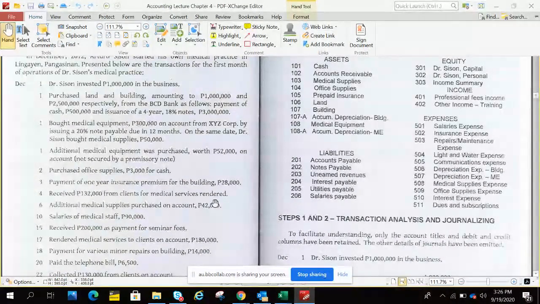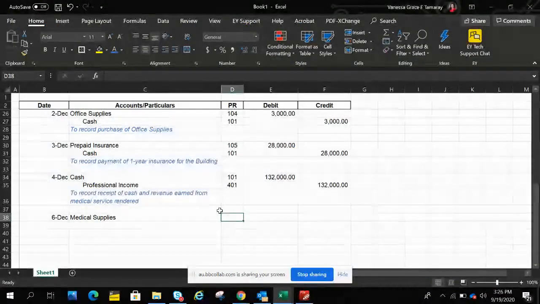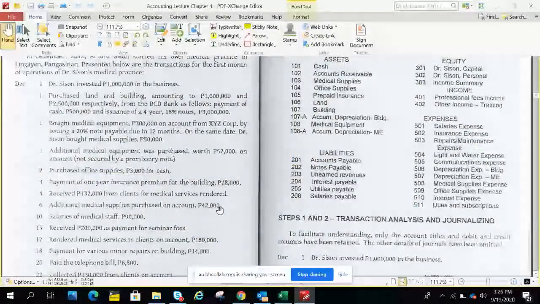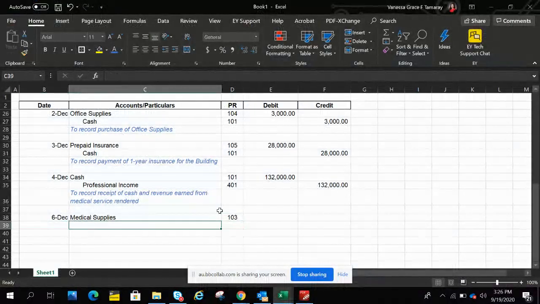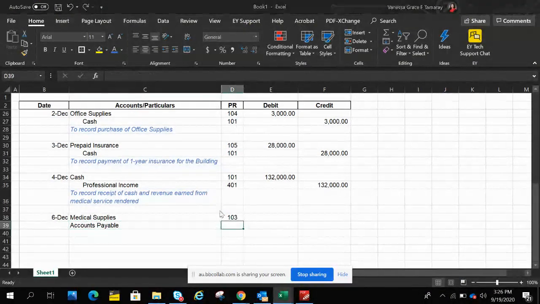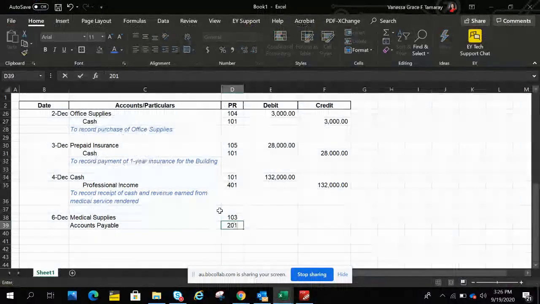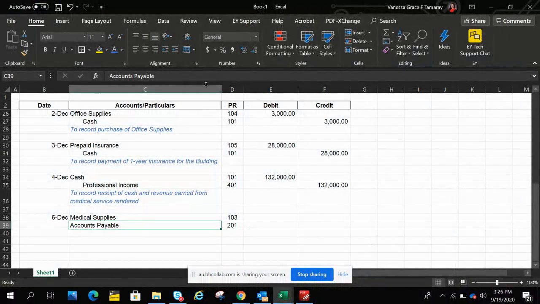Ano kaya credit nito? Accounts payable. Diba? Kasi meron tayong babayaran for our medical supplies. So, debit, medical supplies. Ito ay 103. And then, accounts payable credit. This is 201.